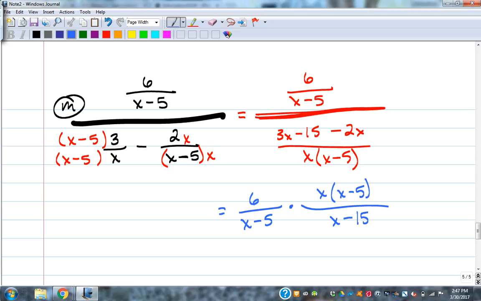So we've taken it from addition and subtraction to this, and now instead of the division, we wrote it as a multiplication problem by flipping. Cancel what'll cancel. X minus 5 cancels, and we got 6x over x minus 15.